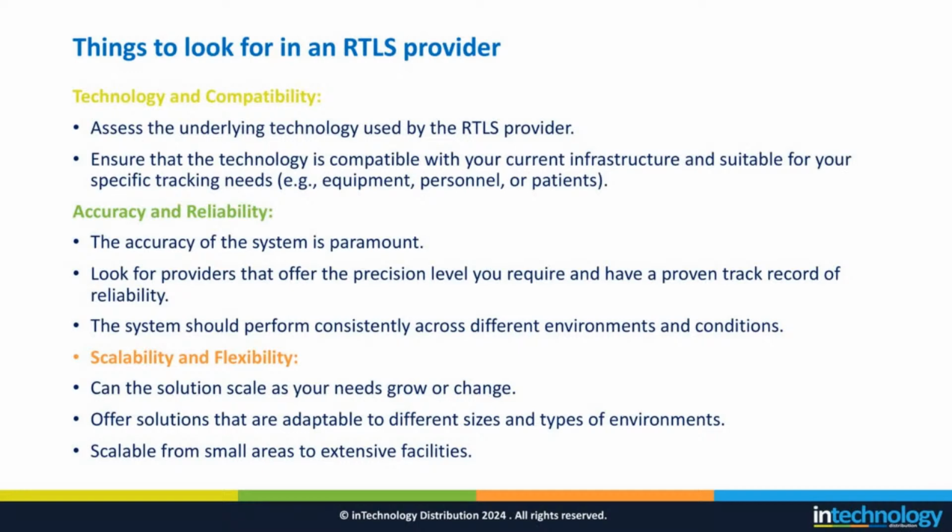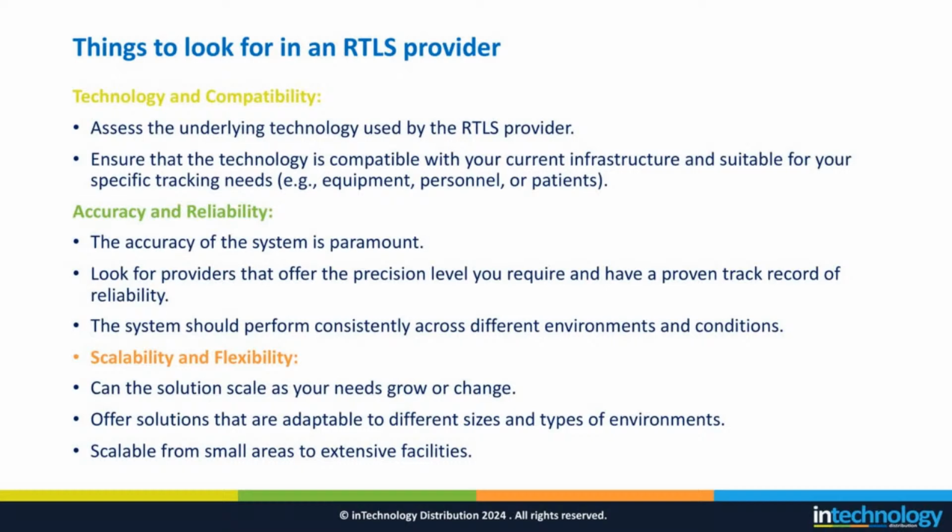So really try and identify what the technology is and the compatibility. Accuracy and reliability. Now, this is a big one. I get asked on a regular basis, is Wi-Fi the right thing? Is Zigbee the right thing? What's the right thing for me to use? It's really going to be determined based on what your outcome is. What you want to make sure is that you have your outcomes so that you can look at what the accuracy of the system needs to be to fit your requirement.